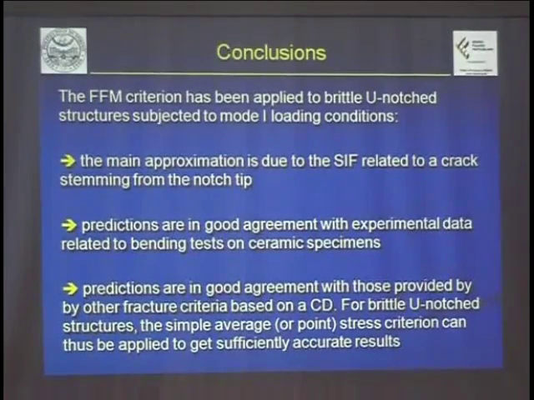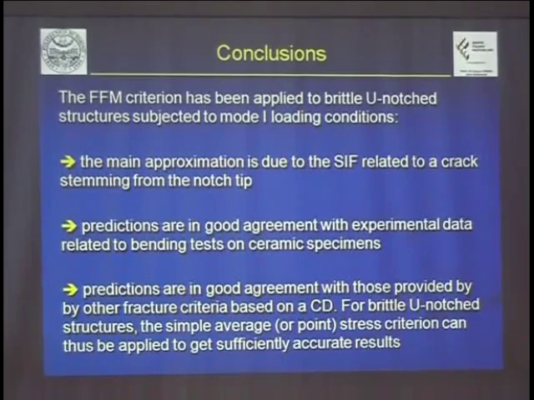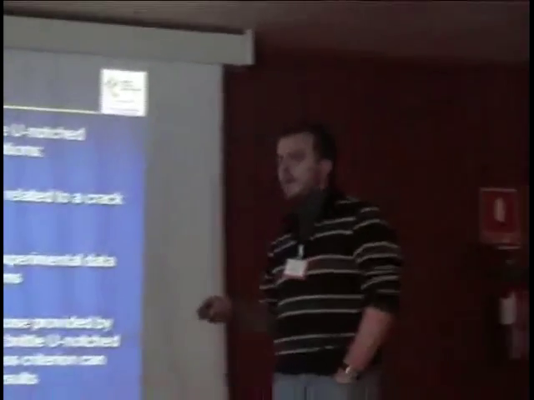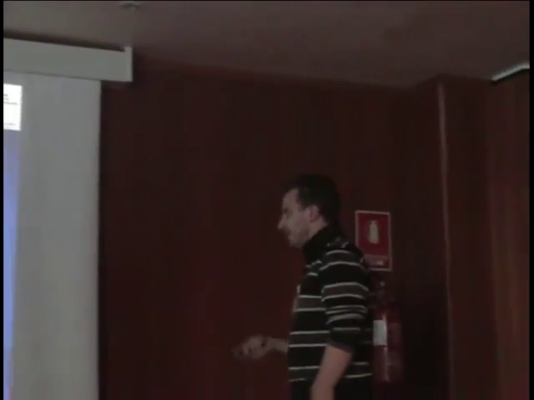And it's important again to underline that predictions are in good agreement both with experimental data and with predictions provided by the other fracture criteria based on a critical distance. So for brittle U-notch structures, the simple average or even point stress criterion can thus be applied to get sufficiently accurate results. And this is the end of the first part.